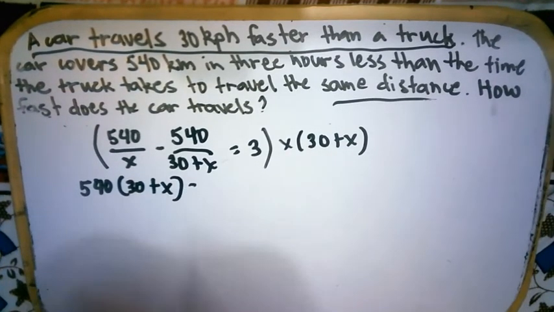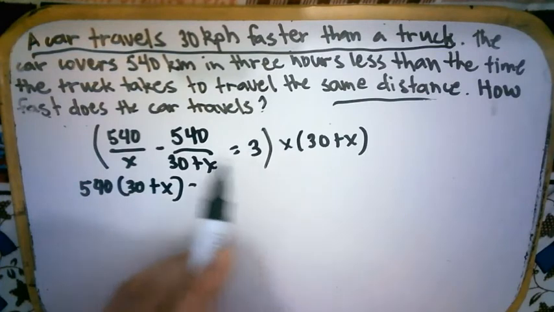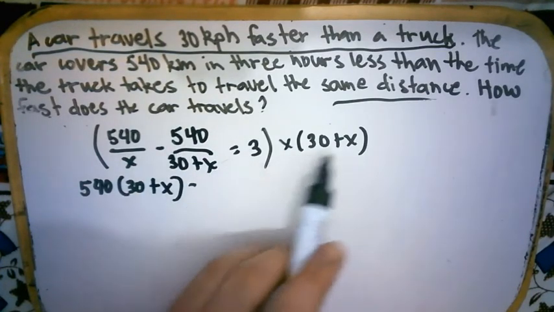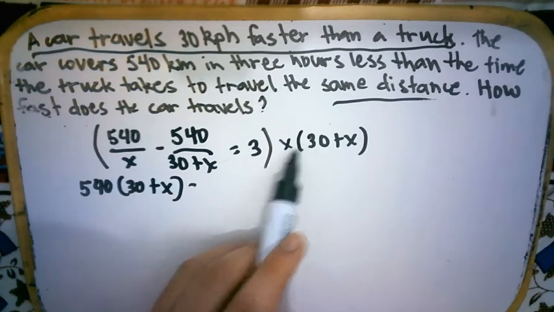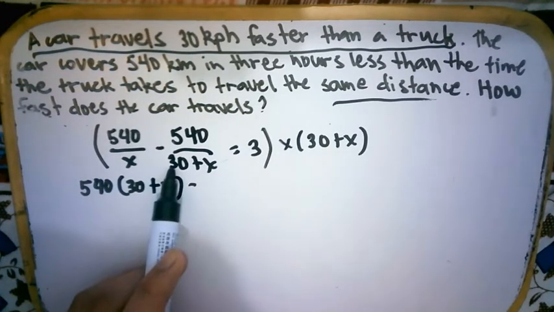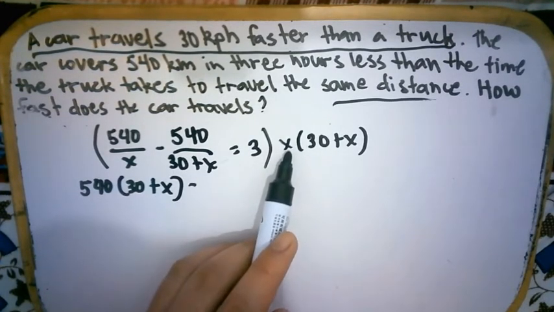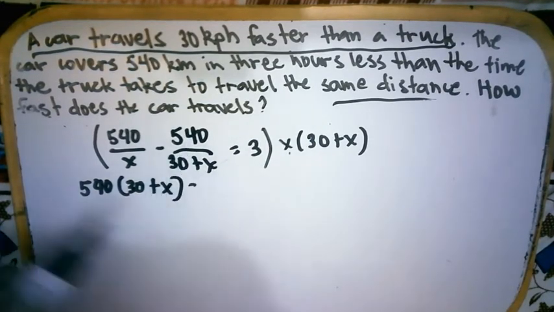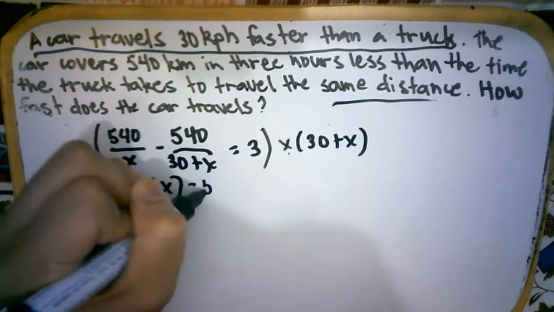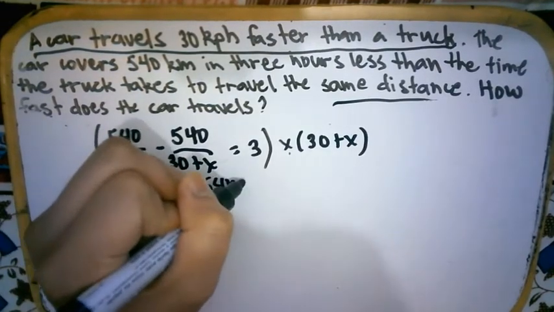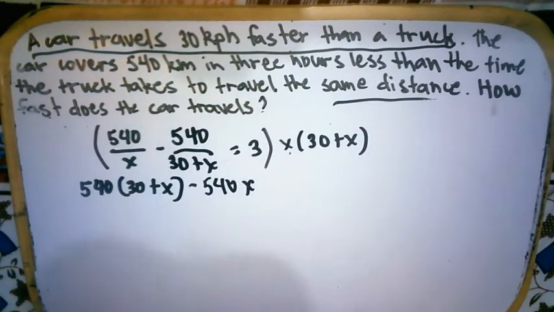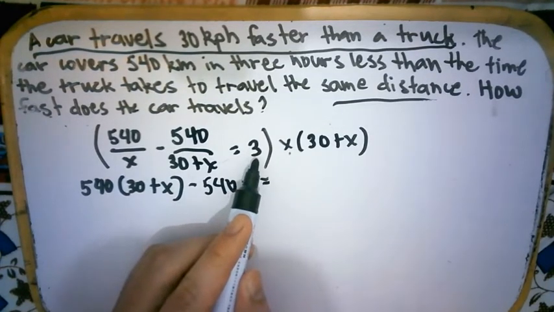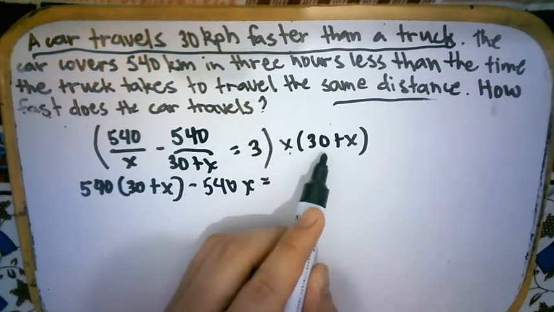And then minus, so this time here, sa pangalawang term, ang ika-cancel naman natin ay yung 30 plus x kasi yun yung pareho. And then ang maiiwan ay yung x. And then itong x, imumultiply natin siya sa 540. So we have here 540x. And then next, we have here 3 times x times 30 plus x.